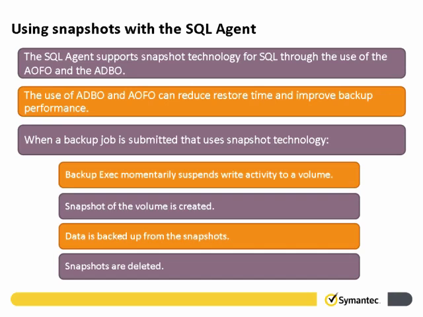When a backup job is submitted that uses snapshot technology, Backup Exec is truly calling the Volume Shadow Copy Service, or VSS. VSS will then use the SQL provider to quiesce the database. This is where it's momentarily suspending write activity so that there's nothing in process before that snapshot is created.